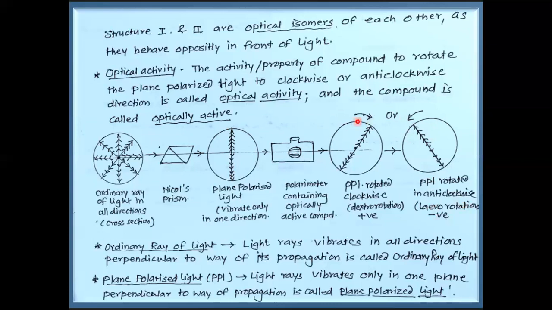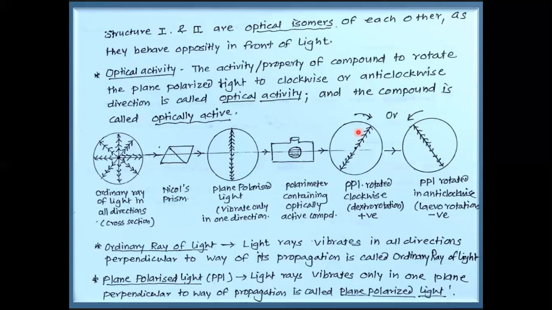Okay, so for a chiral compound, the first structure and its mirror image is the second. If the first is placed in this polarimeter, it rotates either clockwise or anti-clockwise.